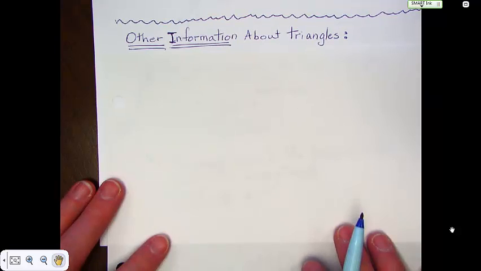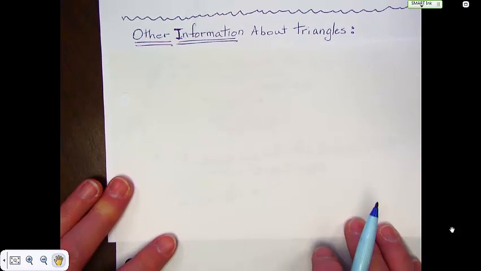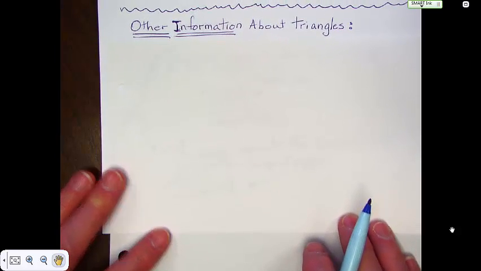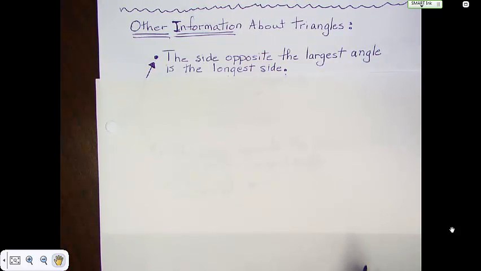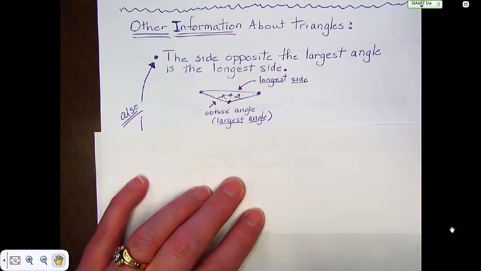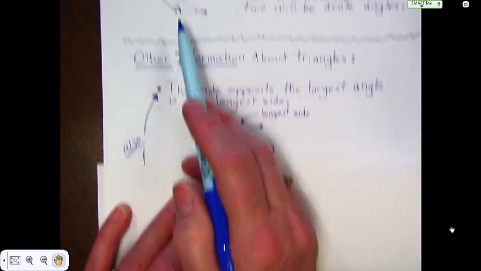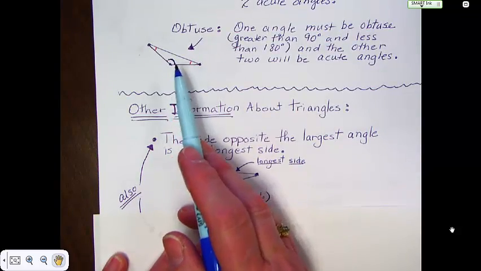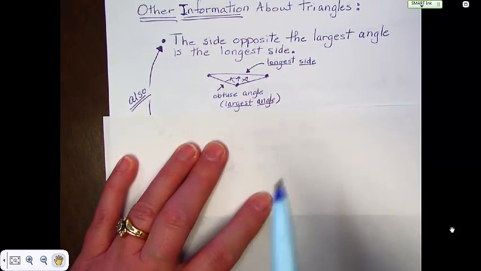Now, there's some other information about triangles that we need to put in our notes. The side opposite the largest angle in a triangle will be its longest side, which kind of makes sense if you look at it. Take that obtuse one we had up here. I redrew it down here.